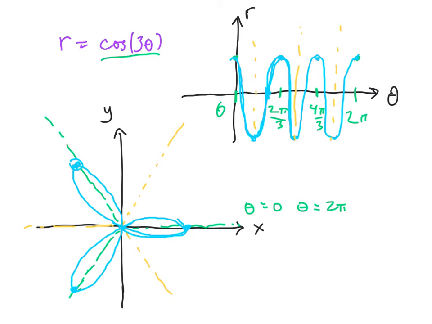All right, so I start at a crest, and then I go through r equals 0 to a trough, and then back up through r equals 0 to another crest. This is r equals 1, and then back down to r equals 0, through another trough, and then back to r equals 0, through another crest, and then r equals 0, and then this is the final trough, and then I come back to this crest.